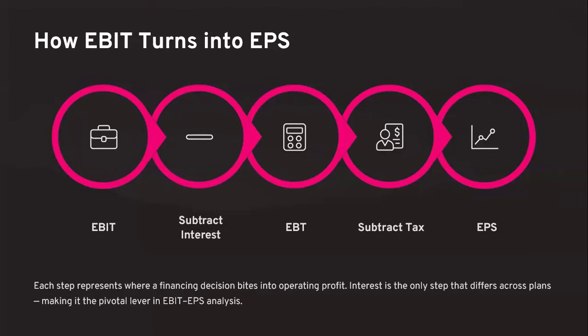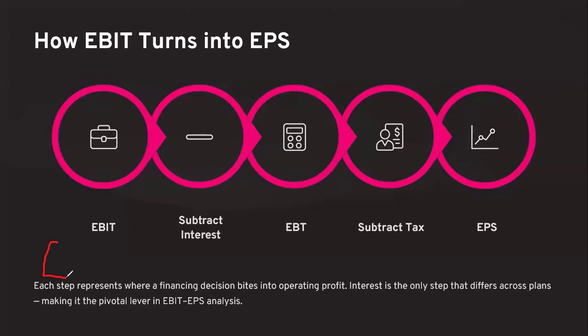First, we'll find earning before interest and tax. We'll reduce the interest. Then we have profit before tax. Then we reduce the tax, and we have earning per share. So, in this analysis, where I'm comparing EBIT and EPS, I'm starting the journey from EBIT.